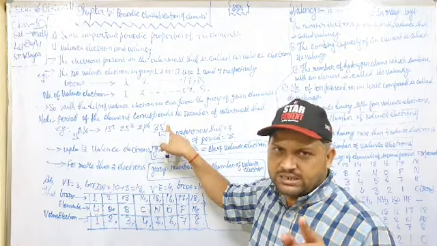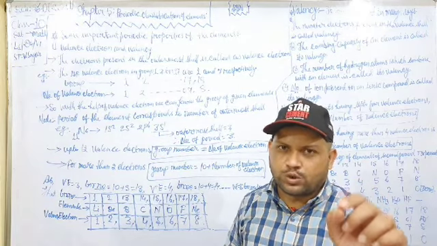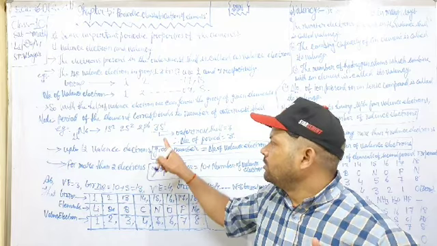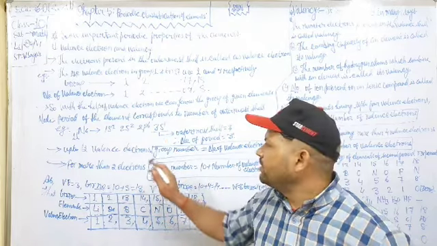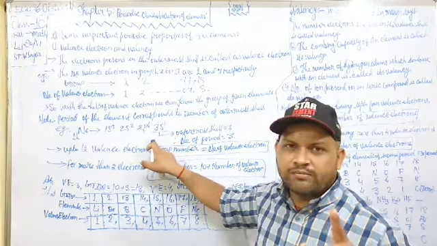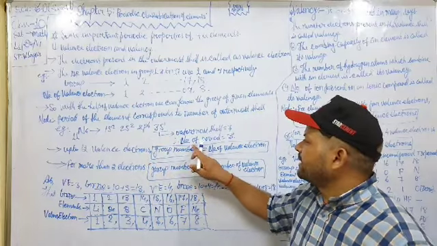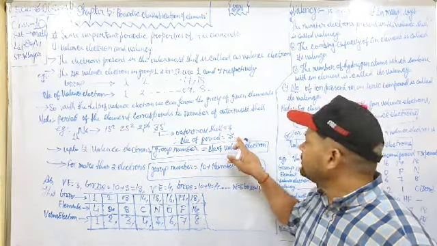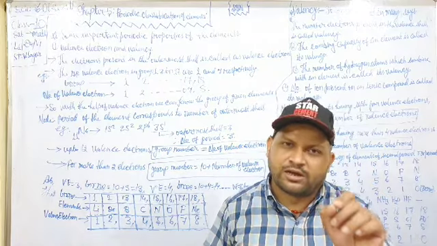It is the valence electron. That's why we can say that the group number for sodium is 1. So sodium belongs to the first group, and here the outermost shell is M. M stands for 3, so the period number for sodium is 3. That's why sodium belongs to the third period.